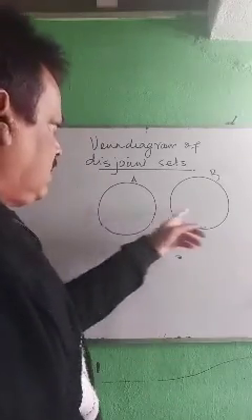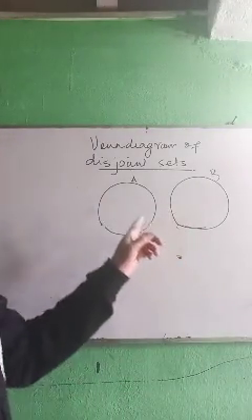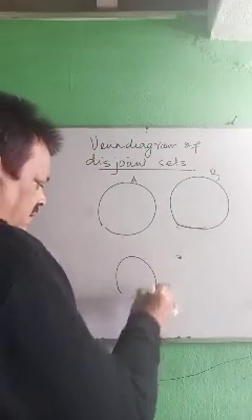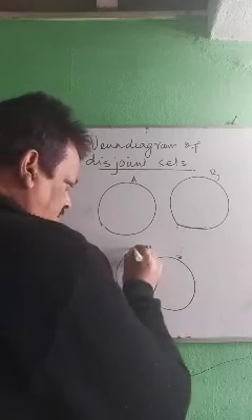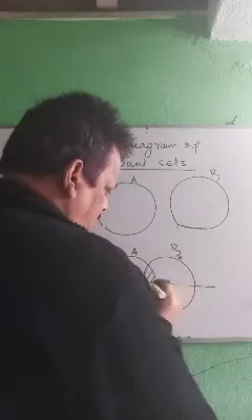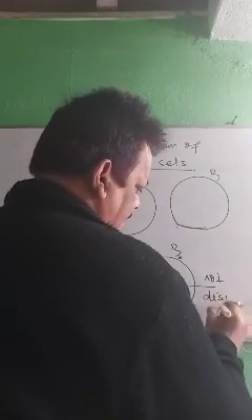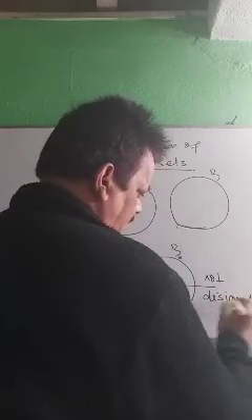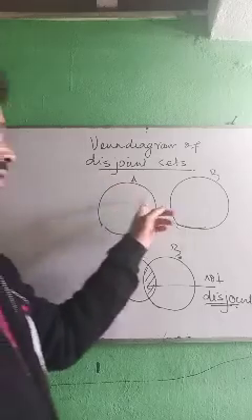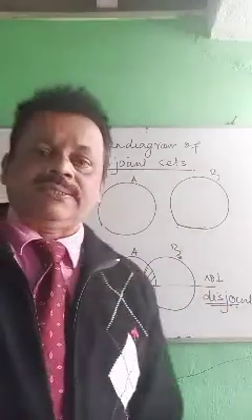Disjoint. Disjoint sets mean they don't have a common element. But when you draw it this way, there is a common element here, so this is not disjoint. So this is the Venn diagram of disjoint sets, and this is the Venn diagram of not disjoint sets.